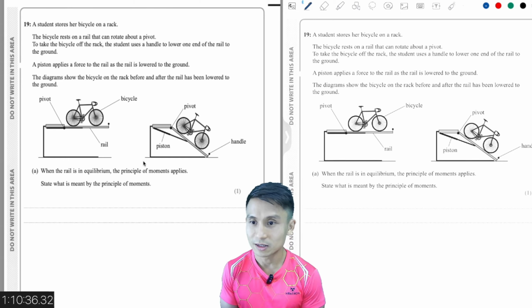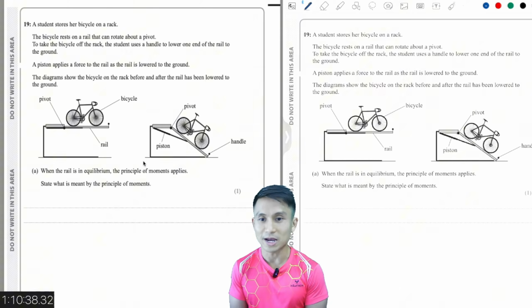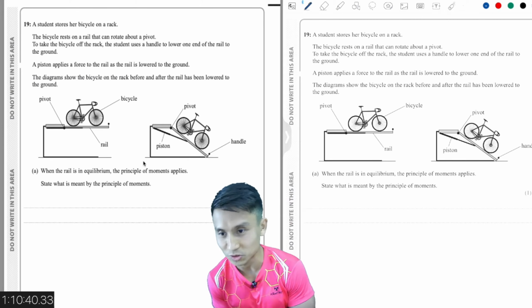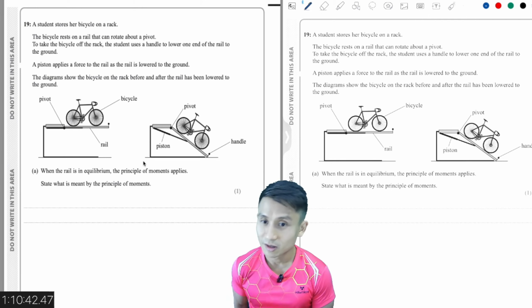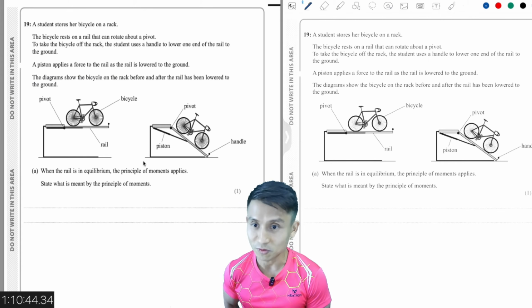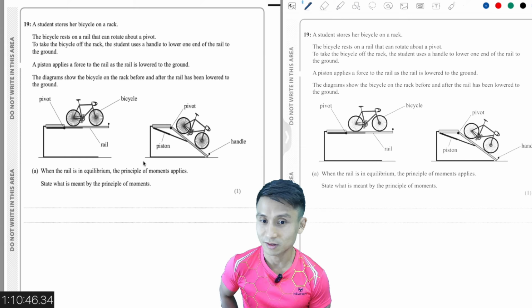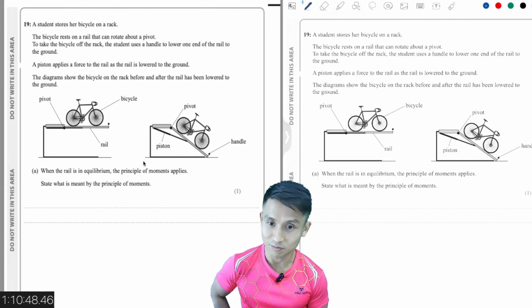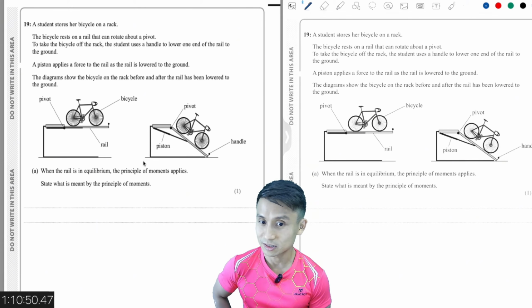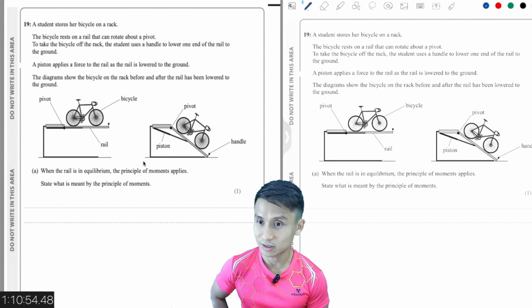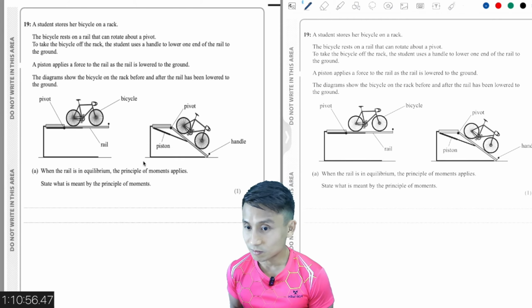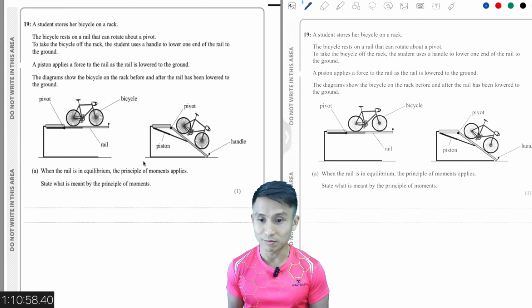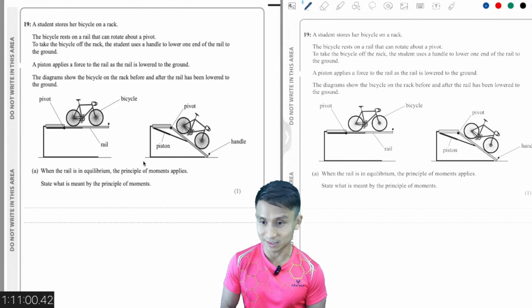Okay. The diagram shows the bicycle on the rack before and after the rail has been lowered to the ground. The piston applies a force to the rail. Okay, like moving down. When the rail is in equilibrium, the principle of moments applies.